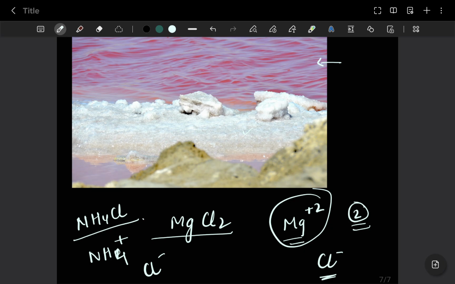Now this whole ammonium having one positive charge can form an ionic bond with the chloride ion. Okay, this much was ionic bonds. Thank you so much.